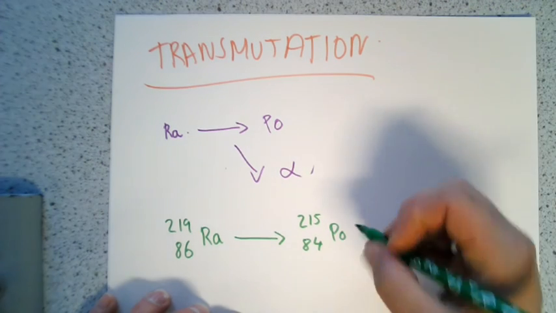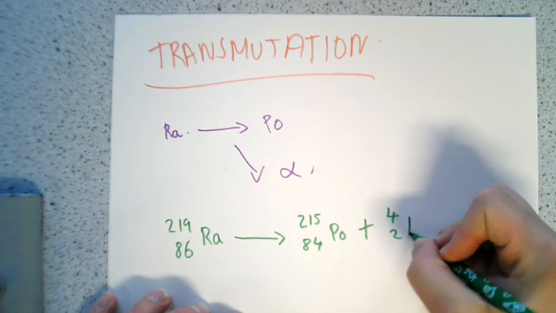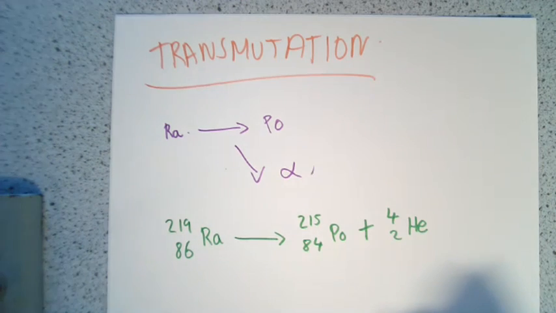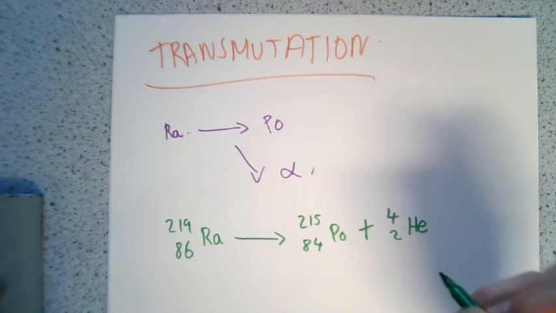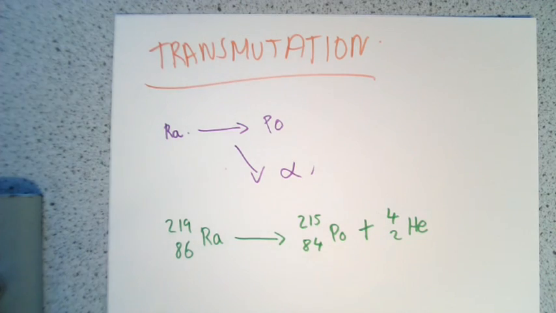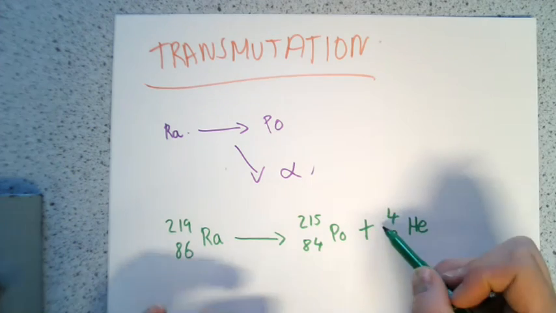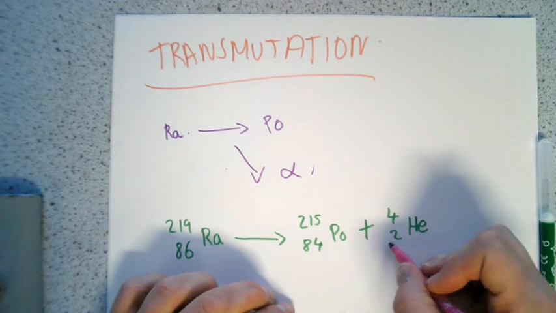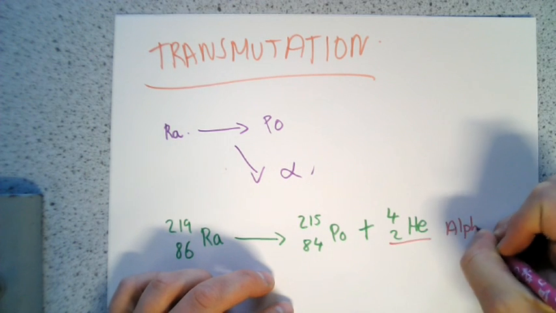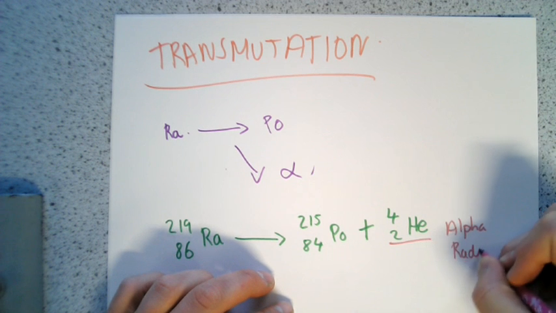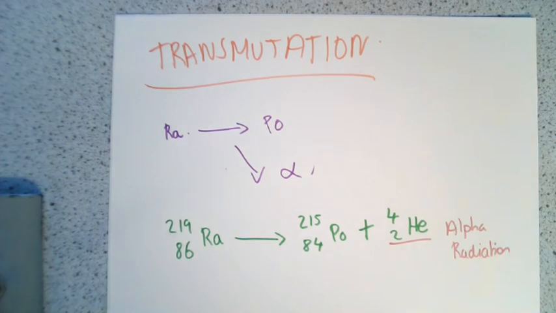And we've emitted an alpha particle. Now, in this part of the topic, they will not use the funny little symbol there. It will always be 4 2 He, always, okay? So don't start drawing sideways fish and all that stuff. No, it's this. If you see this, you know it is something that has emitted alpha radiation.